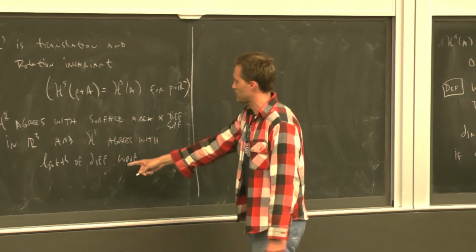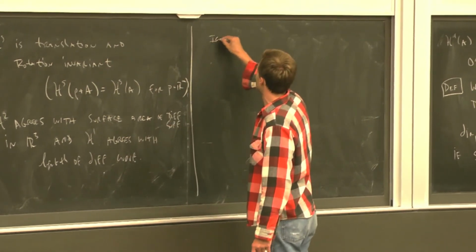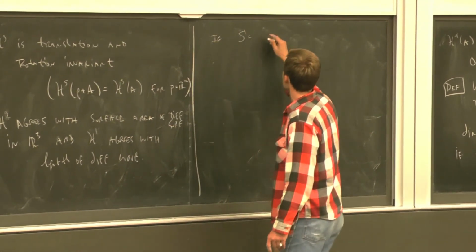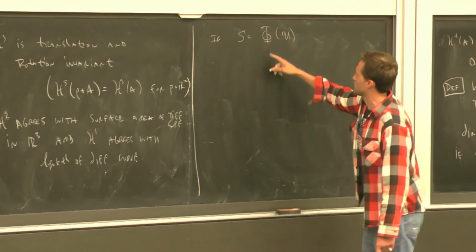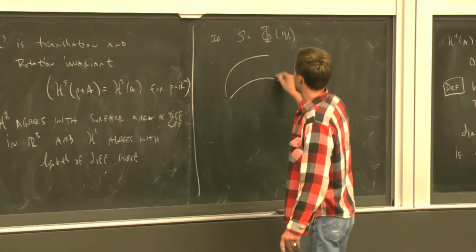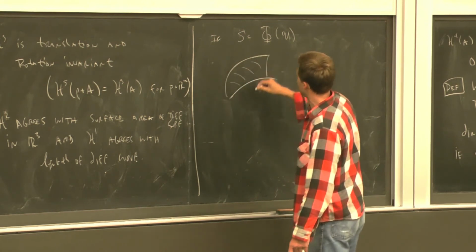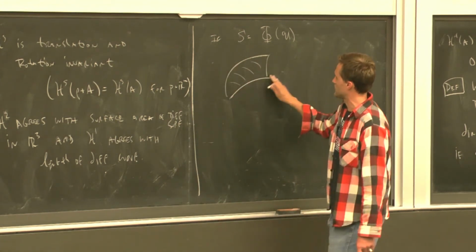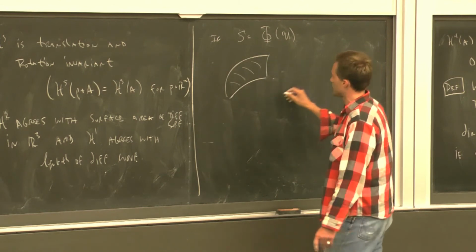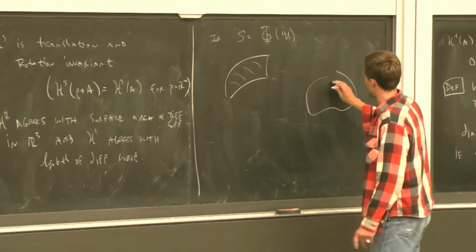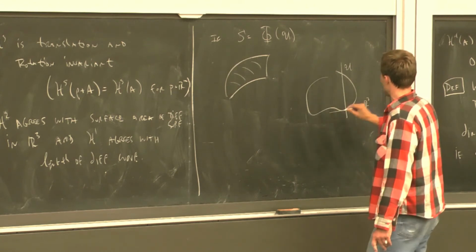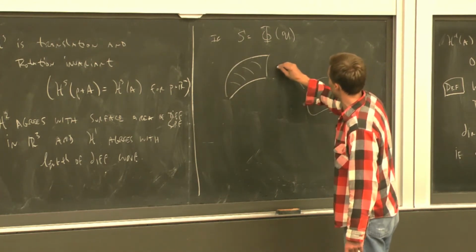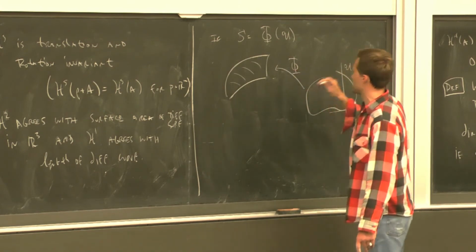So exactly, what does this mean? If S equals some phi of U, S is the surface that's the image of phi. This is what you always see. You saw this in vector calculus: here's my U in R2, and here's my phi parameterizing my surface.